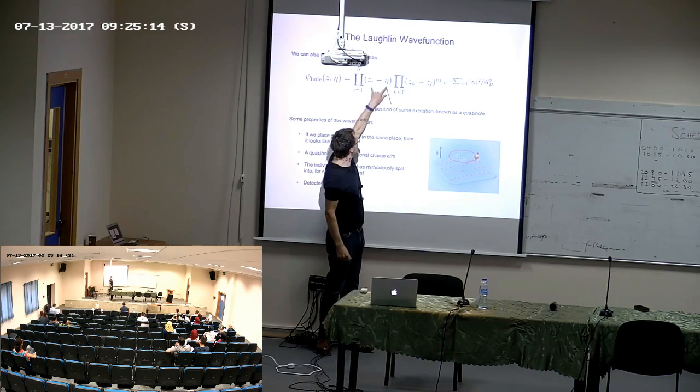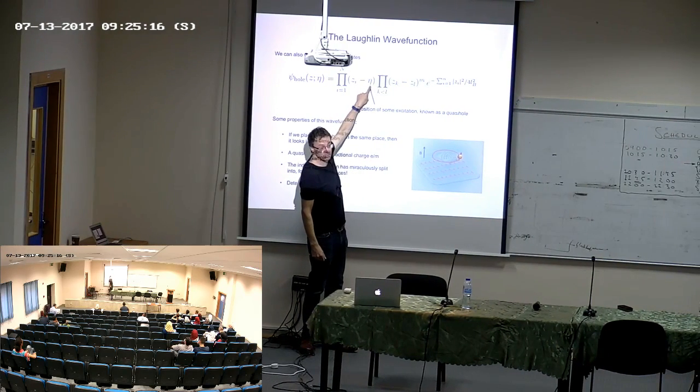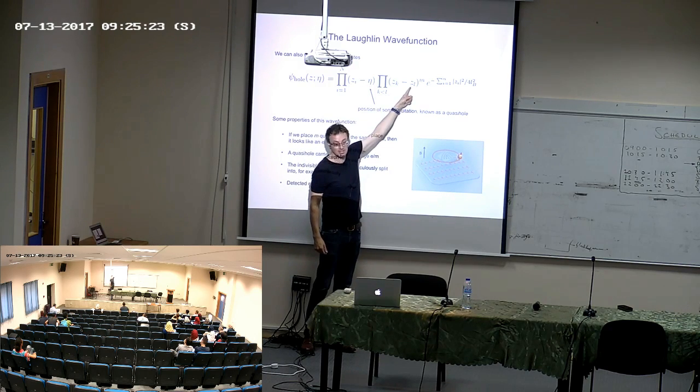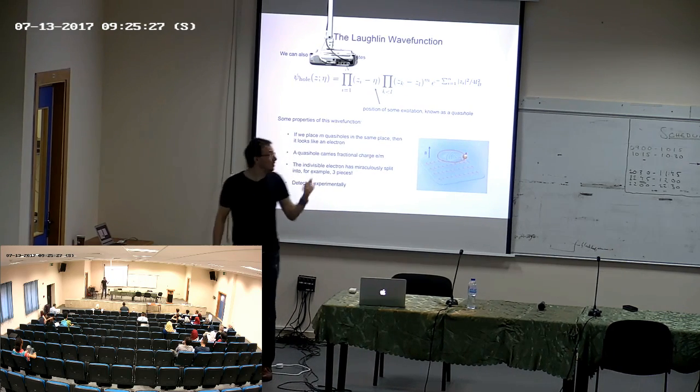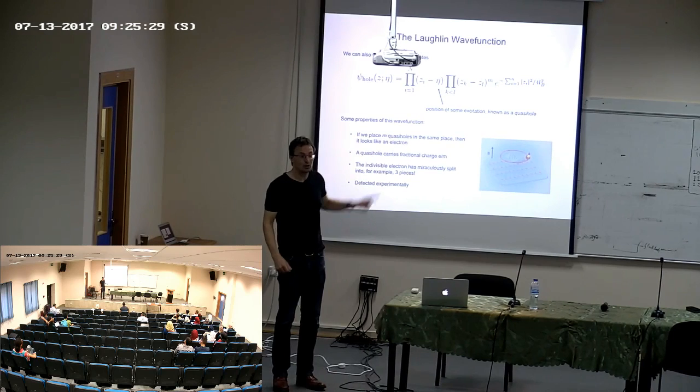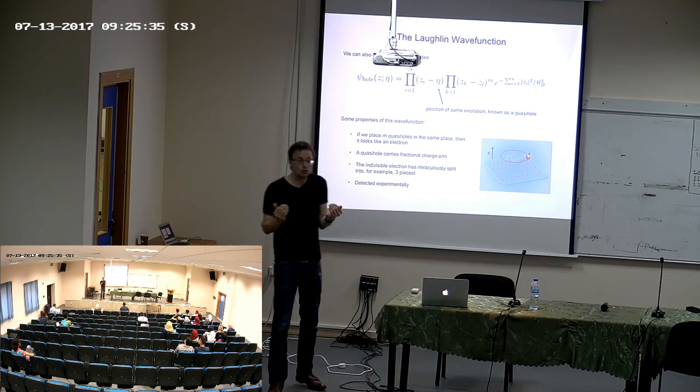In other words, if I put m of these excitations together all at the same point eta, it looks as if I've just added an extra electron that's sitting at the point eta, because it looks exactly the same as this. But that means in particular that this object here should be thought of as 1/mth of an electron. All right, so that's a very weird thing.